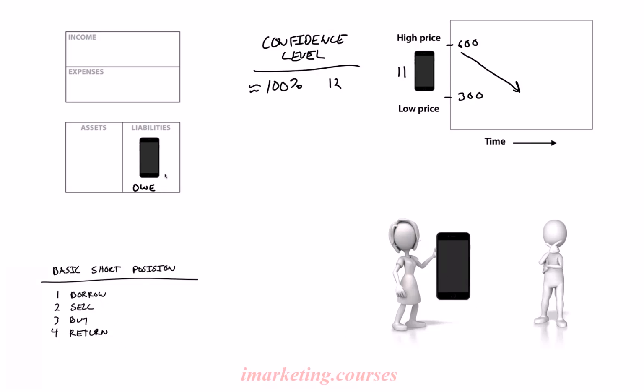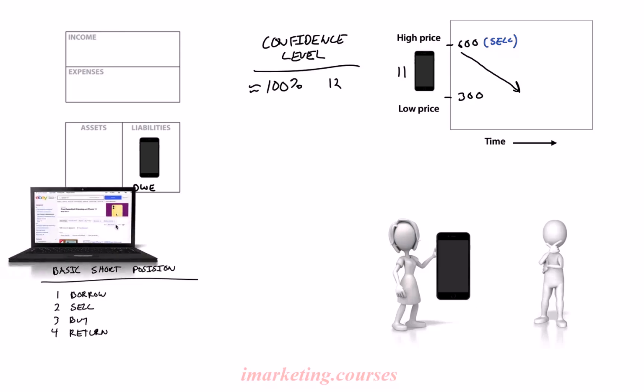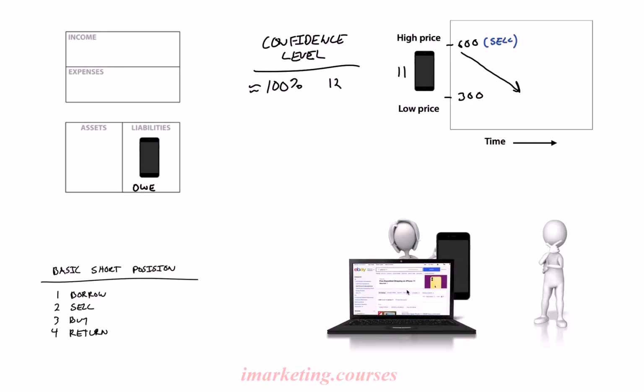She's going to sell it. So she's going to sell it. And right now the high price up here is at $600. So this is going to be what? The sell price. So let's put that in parentheses. This is going to be her selling price. She's going to look to trade this phone for six $100 bills. And so she goes to eBay.